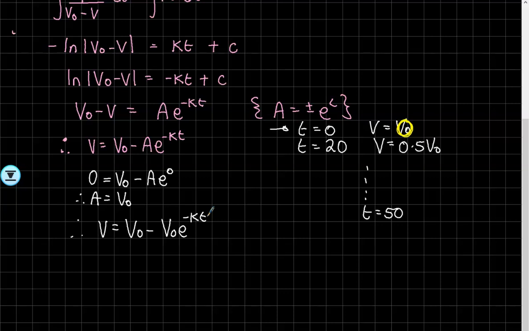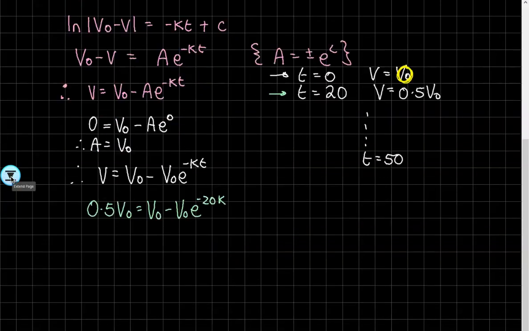Now we can use our next step. Using this, we can now pop that in. So V now becomes 0.5 V naught equals V naught minus V naught e to the, now there's 20k. Okay, and what's going on here? We could have pulled out, back here, V naught as a constant.